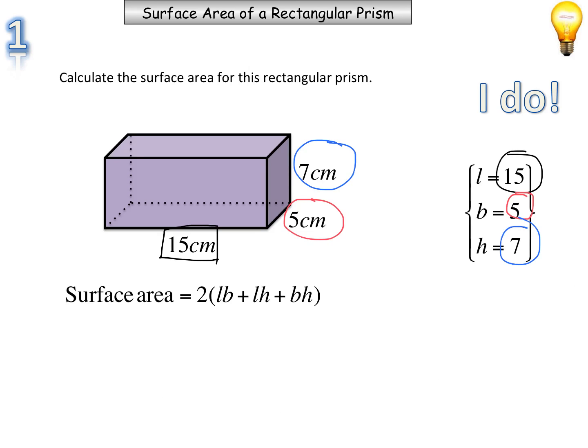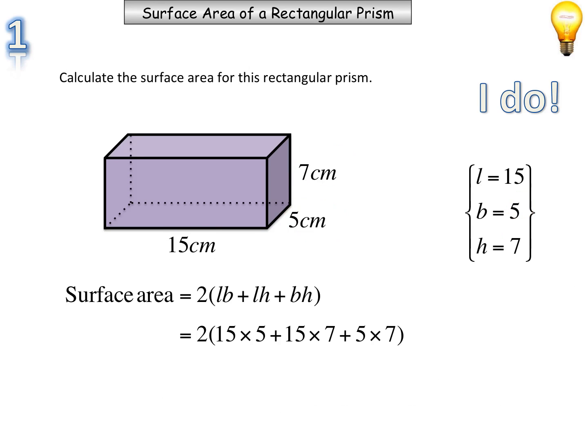Okay, so let's see what happens when we substitute. That means 2 times, and now in brackets, 15 times 5 plus LH, which is 15 times 7, plus BH, which is 5 times 7.